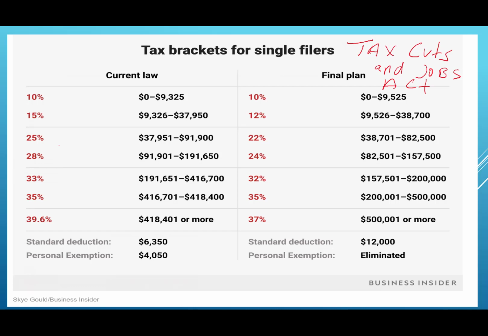Okay, so you take a look, you can make a little bit more, and not be taxed at all, right, under the new tax law. And then the rates have come down in many of the categories. So you can make a little more and be taxed at a lower rate, right? So that's why they're calling it a tax cut. The highest rate is now 37%, and it's on a higher dollar amount.